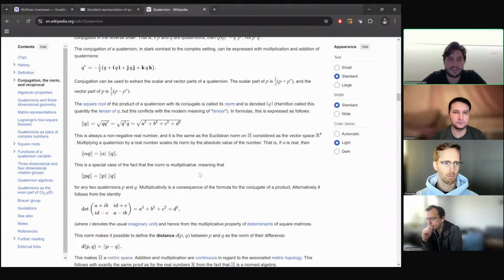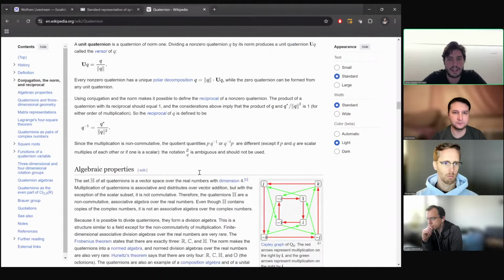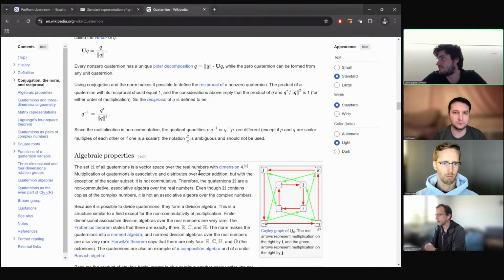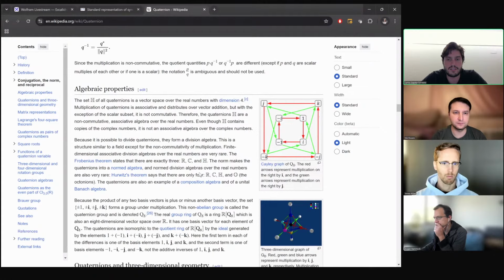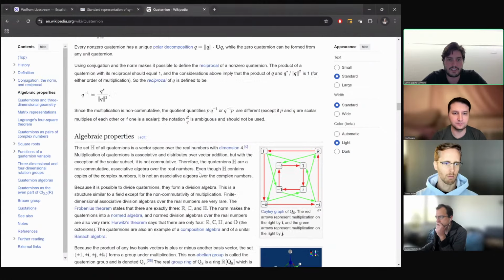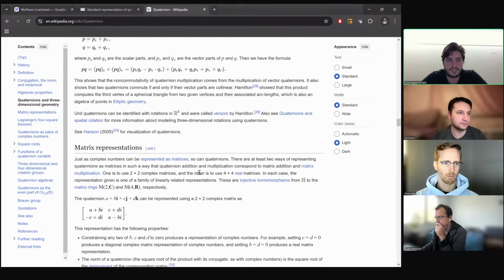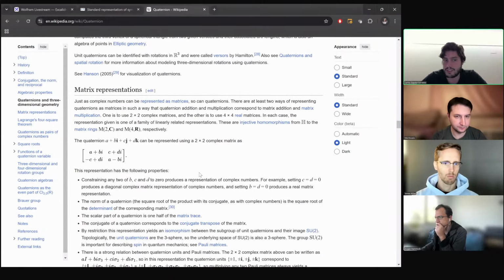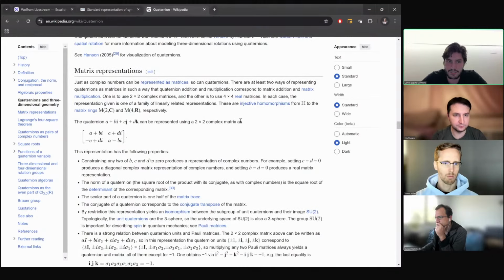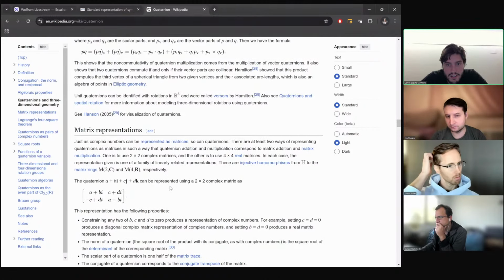Well, SU2 is not, but SU2, the Lie algebra, is it the quaternions? No, it shouldn't be, right? Matrix representation. 2 by 2 complex matrices.